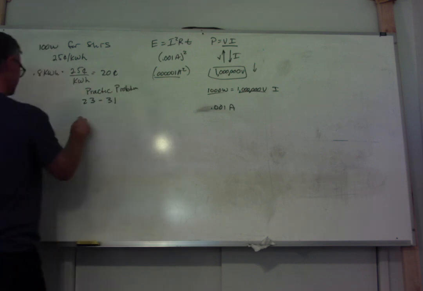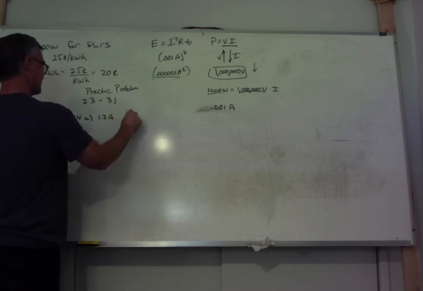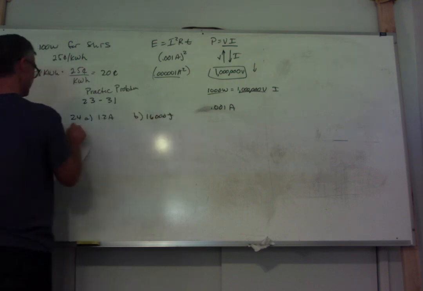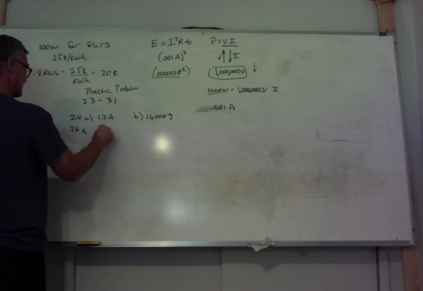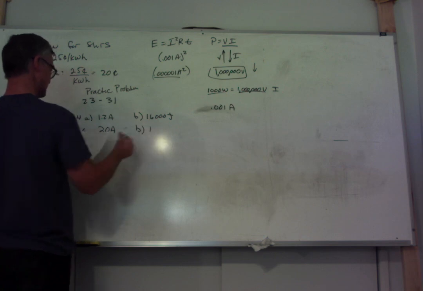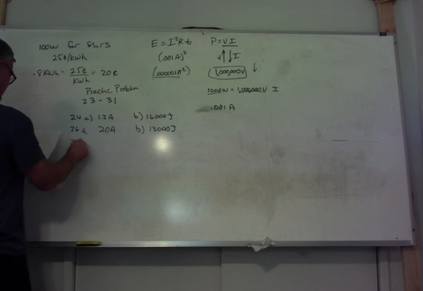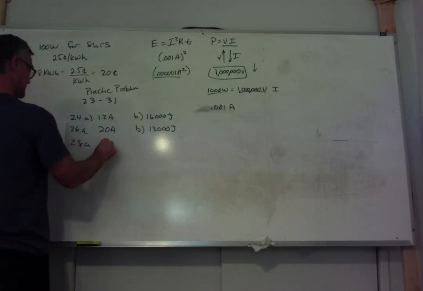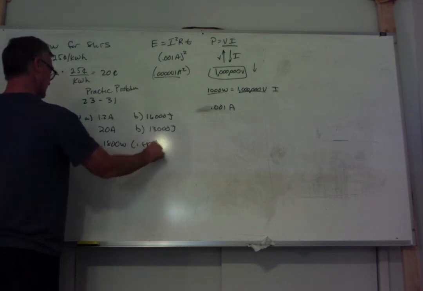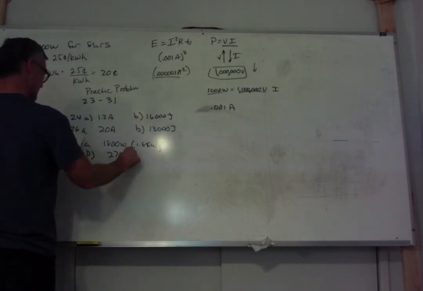And let me give you the answers for the evens. 24A is 1.2 amps. 24B is 16,000 joules. 26A is 20 amps. 26B is 13,000 joules. 28A is 1,800 watts, or 1.8 kilowatts. 28B is 270 kilowatt hours.